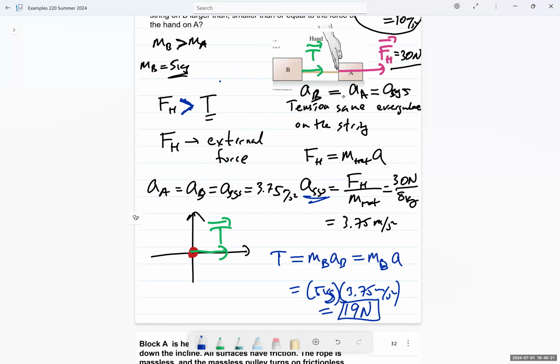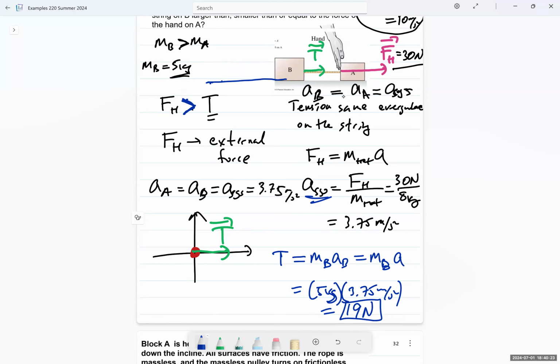You can think of it like this: if I have some additional mass M_C, with another rope connecting those two, then I would call this tension 1 and here's tension 2, because every time you have a new rope, there's a different tension.